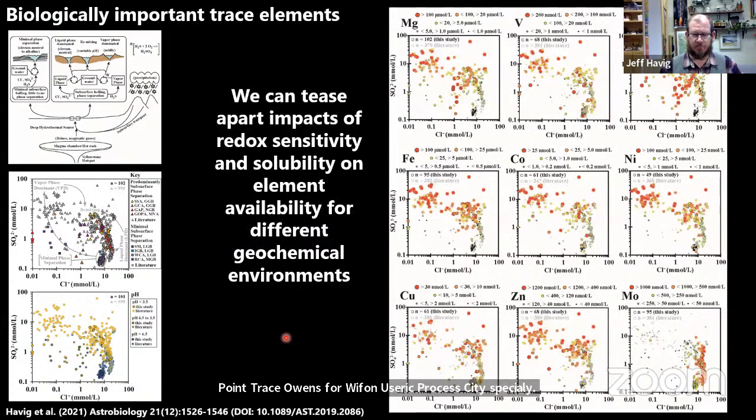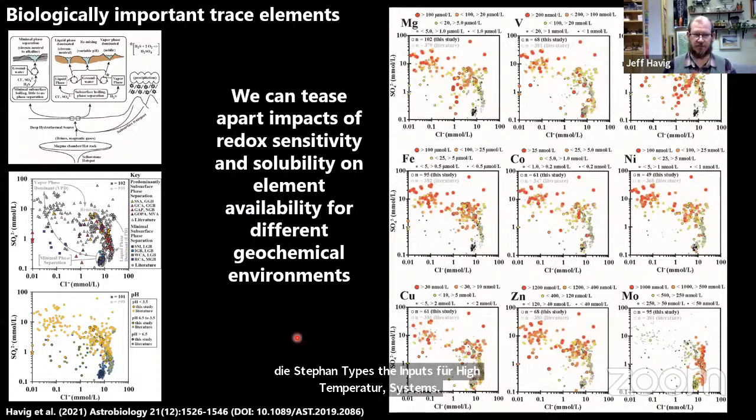And so what I want you to take home is that we can start to anticipate trends of where higher concentrations and lower concentrations of these elements would be for these different types of inputs for hydrothermal systems. And then we can also start to tease apart redox sensitivity and solubility impacts on different elements as well.